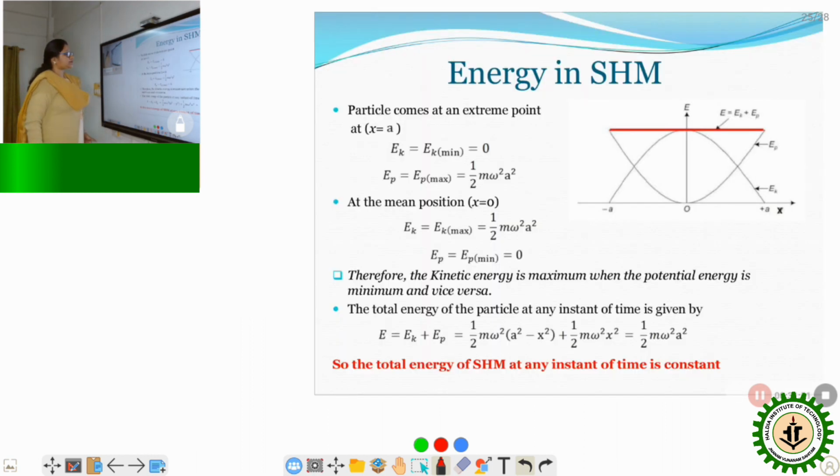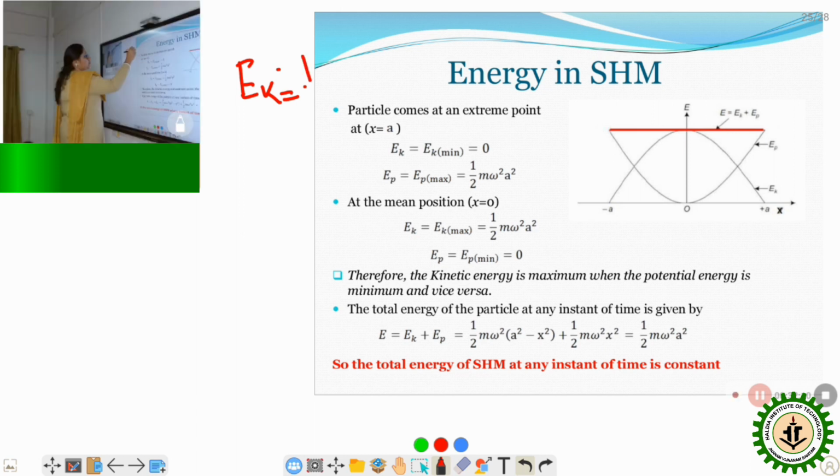Now next. At which position do we get the maximum value of kinetic and maximum value of potential energy? That we try to see. For which, first I write down the expressions for kinetic energy.